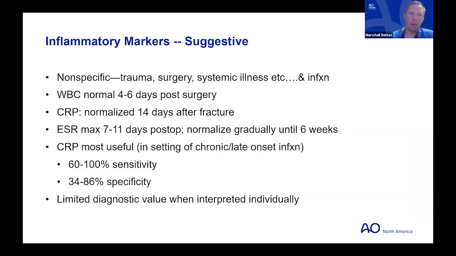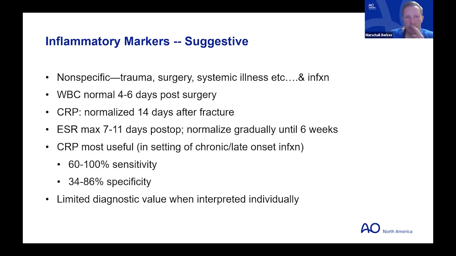Okay, so moving on to the suggestive criteria. You have the inflammatory marker piece, and this, of course, is not specific, right? That's just an indicator of inflammation somewhere. Is that related to trauma, surgery, systemic illness, or infection itself? You have your white blood cell count, CRP, ESR being the most commonly utilized, and these all have the waxing and waning, peaking, and then back to baseline values, with CRP normalizing certainly the quickest.